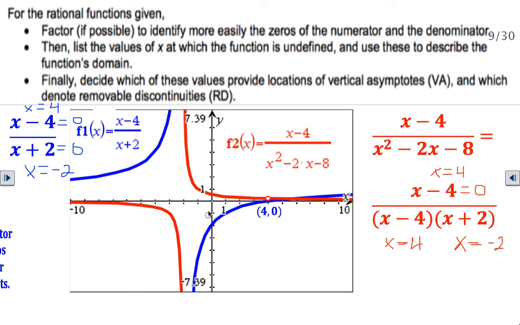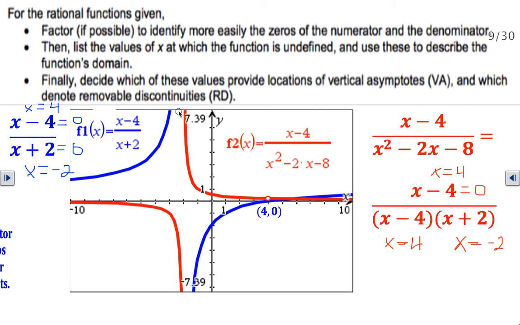So you'll see that both of these equations have x = -2 as one of the zeros.